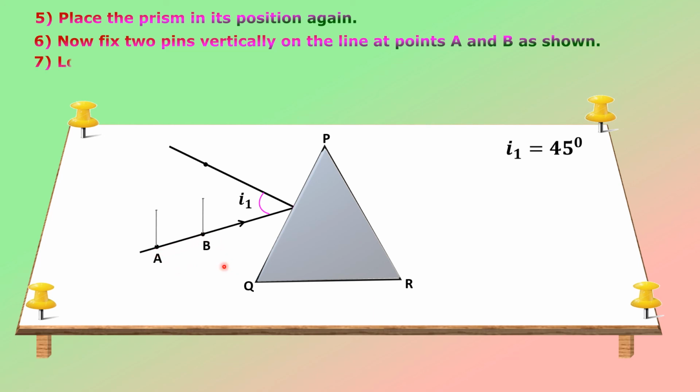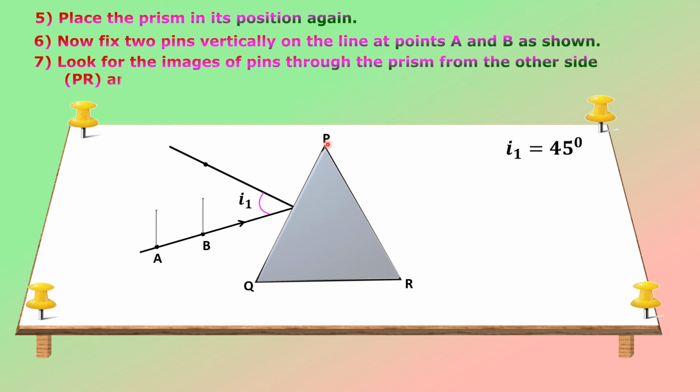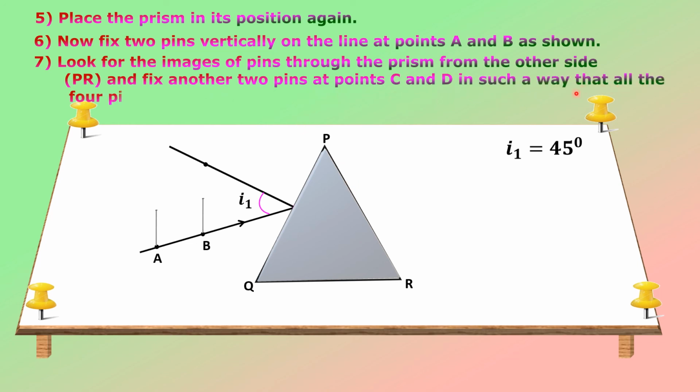Now look for the images of the pins through the prism from the other side PR. From this side we have to look for the images of these two pins and fix another two pins at points C and D in such a way that all the 4 pins appear to lie along the same straight line as before.